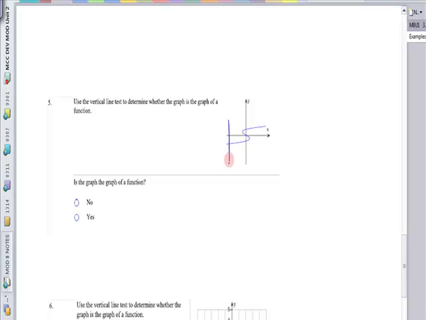All right, it passes, it passes, it passes, it passes, and right here, and in an infinite number of other locations, it fails, because for this x, there are 1, 2, 3 different y values. So no. And the thing is, if it fails the vertical line test anywhere, it fails. One failure, and it is not a function.